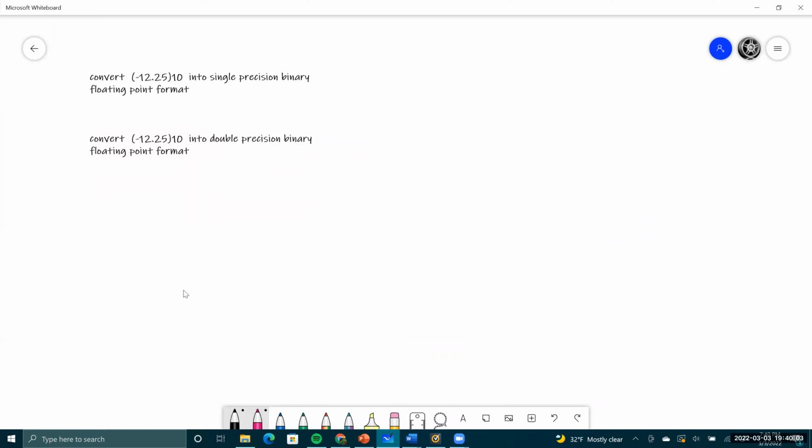The first step is to convert it into binary. Negative 12.25 in binary is negative 1100.01. Now I normalize it. Next step, this becomes 1.10001 times 2 to the third.